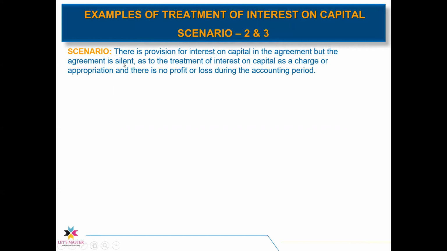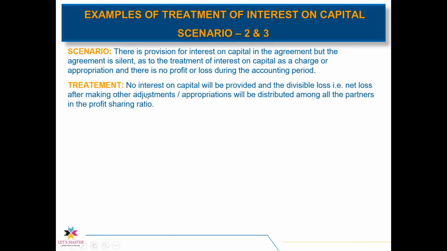First, the partnership deed has clearly mentioned that the interest on capital would be provided, but the partnership deed has not made it clear that it would be considered as a charge or appropriation. That is number one. And the second thing worth noting is there is no profit, or the firm has suffered loss during the accounting period.